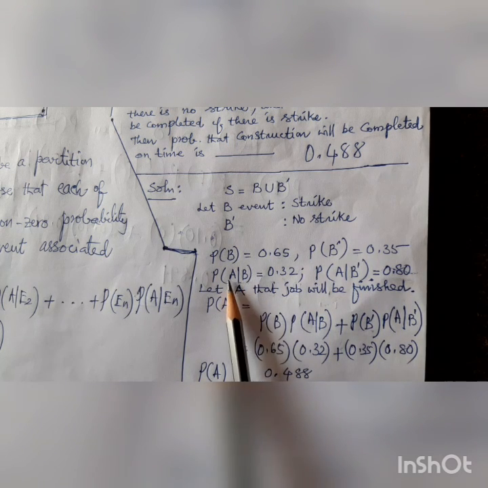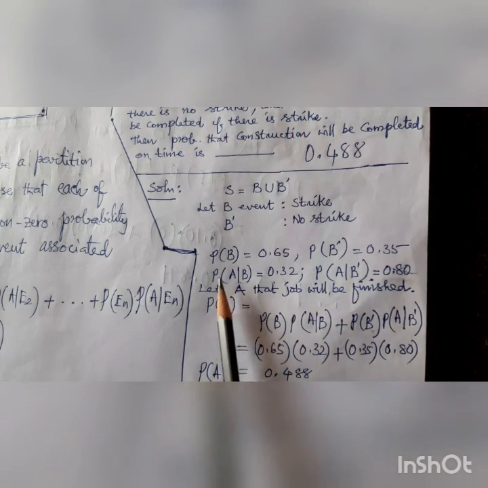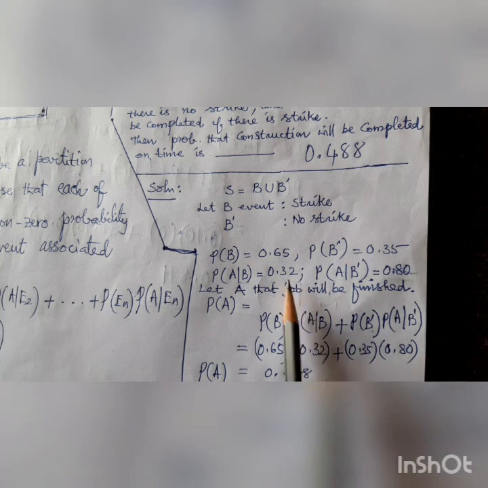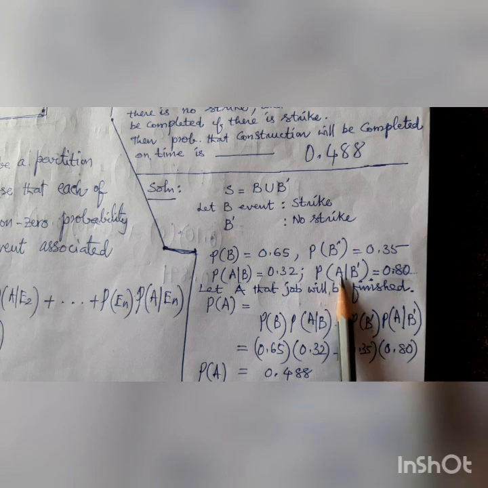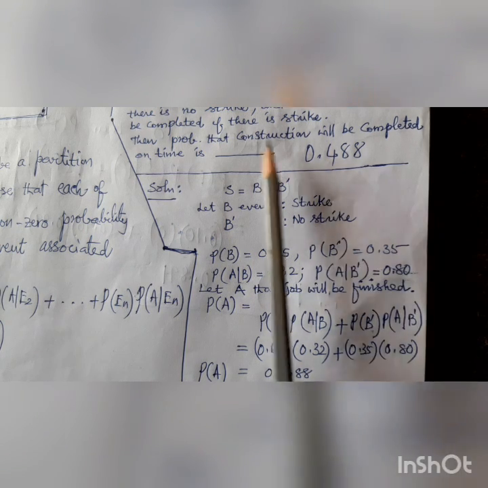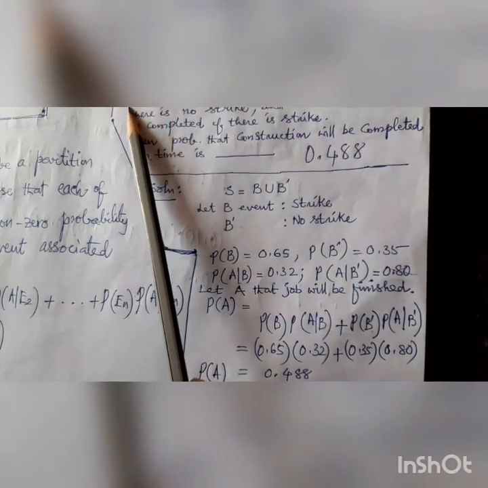A means completion of the work, A given B means strike, 0.32. So P of A given B, where B means strike: on strike, the work will be finished with 0.32 probability. On no strike, the work will be completed with probability 0.80.